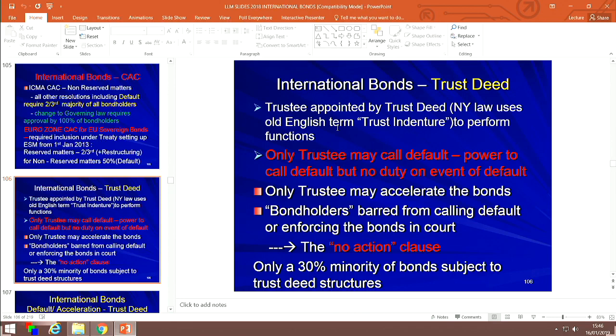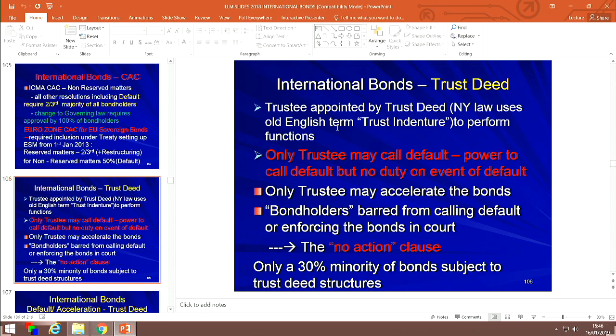Importantly, it's a power to call a default. It is not a duty to call a default. The trustee is under no duty to call a default on the occurrence of an event of default. It's a power which it can exercise or not exercise as the trustee chooses.